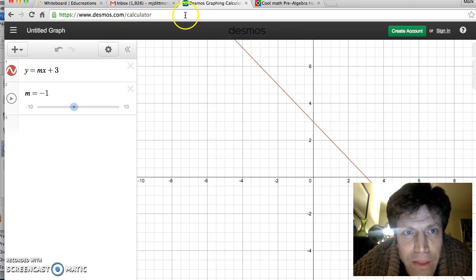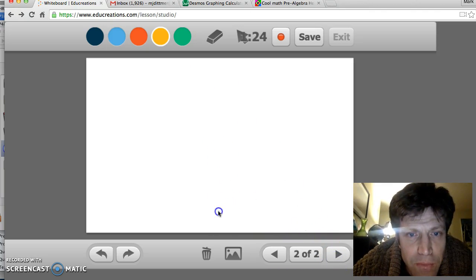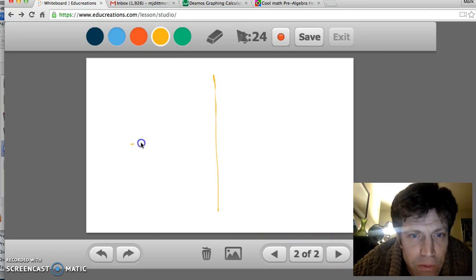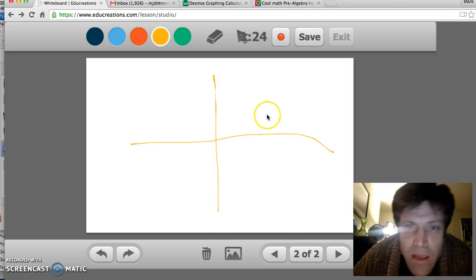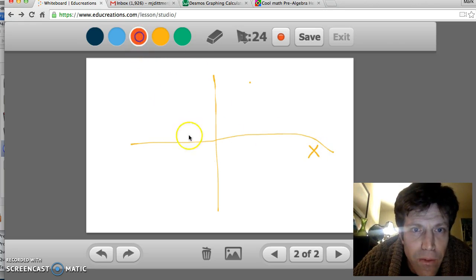One way of thinking about that is if you go back over here, there's the y-axis, there's the x-axis. If you think about it, the x-axis I'll make yellow, and the y-axis I'll make orange. And where's the positive for orange?